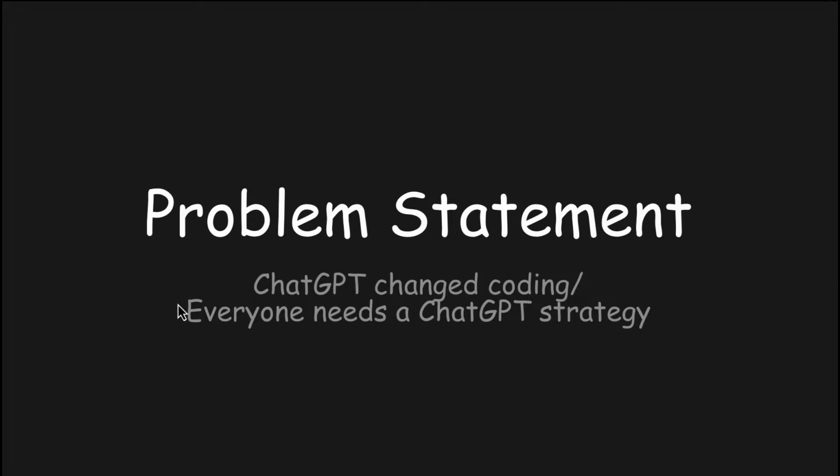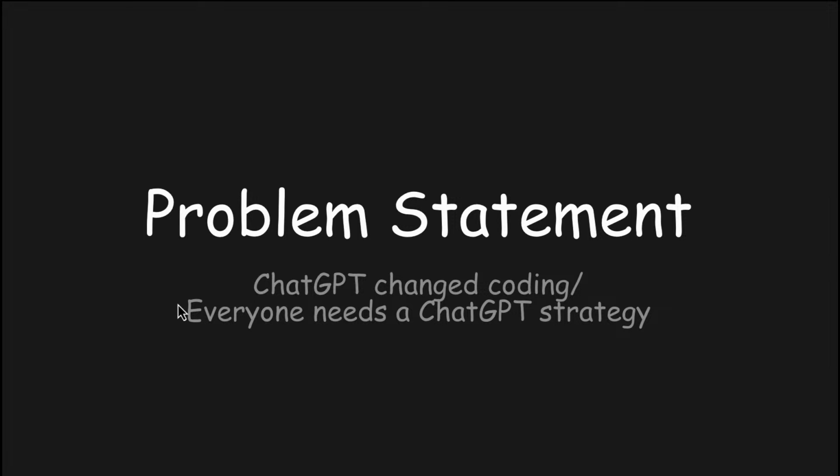All right, let's get into the problem statement here and why I think it's so important to use things like Copilot. I think the issue is that ChatGPT has changed coding. So if you're doing something previously where you weren't using ChatGPT, like using Python, command line tools, web frameworks, all those kinds of things, it's important to realize that the world has actually shifted.